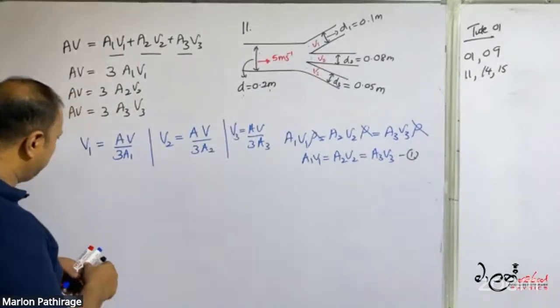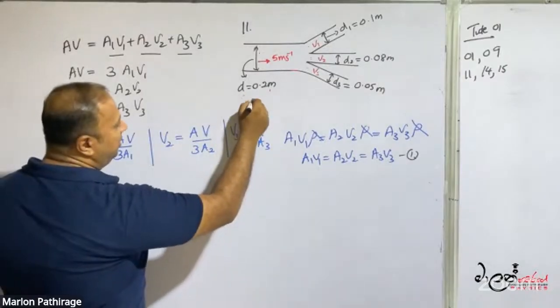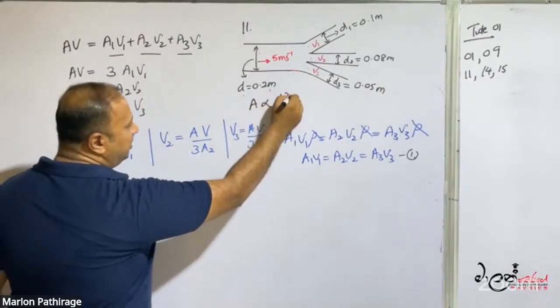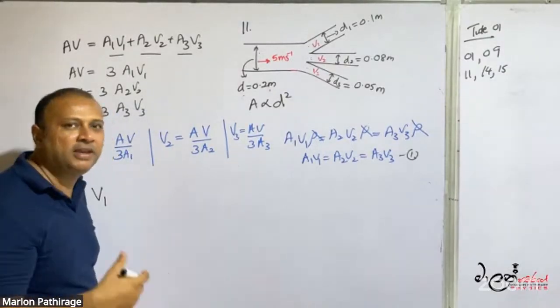එහෙනම් බලන්න පුතේ, දැන් මට V1 ගන්න පුළුවන්. A is directly proportional to D squared කියන එක ගන්න පුළුවන්, මොකද pi over 4 කියන එක constant පුතේ.